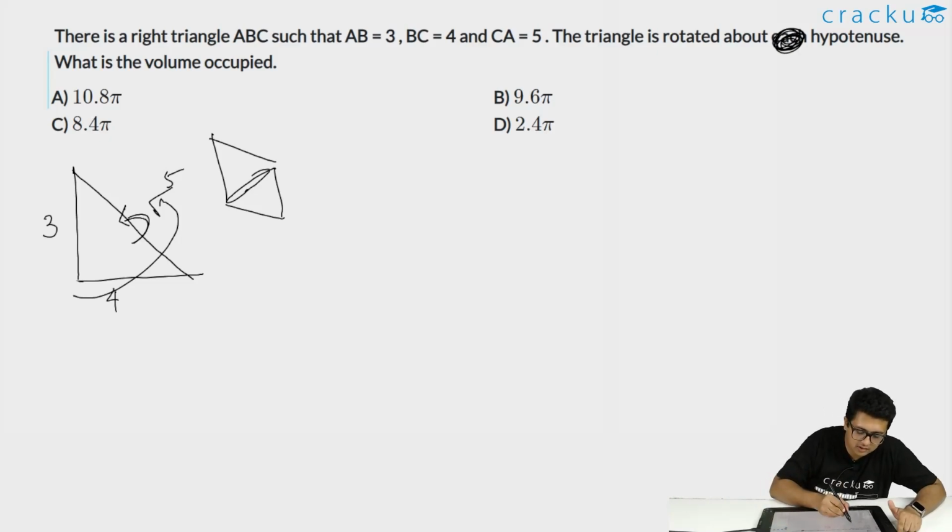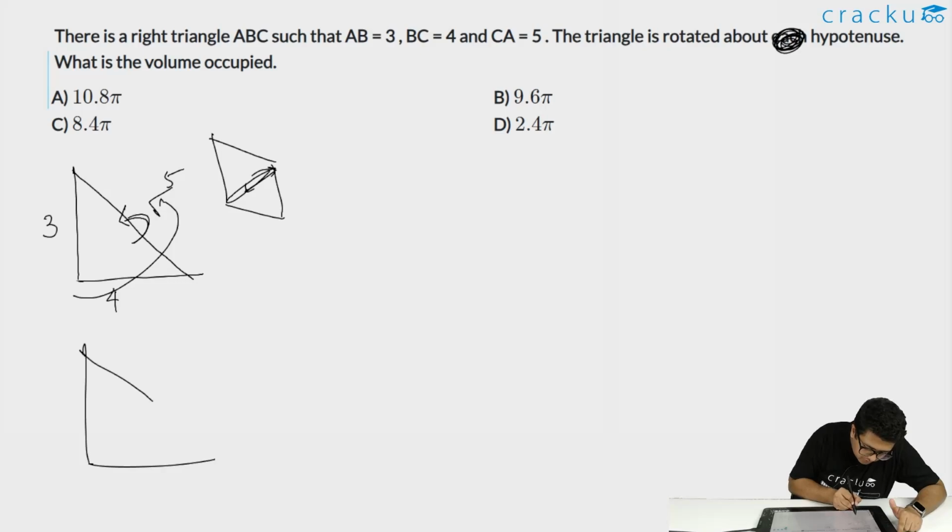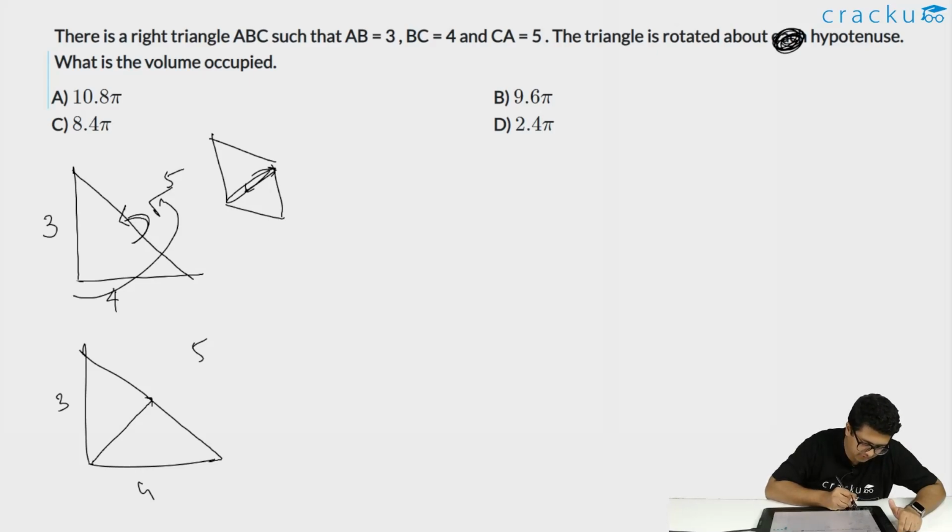So now let's find out the radius, because after that we can calculate the volume. This is a right angle triangle, right? This is 3, this is 4, and this is 5. The radius would be perpendicular to the hypotenuse here. Let this be h. This is the perpendicular distance from this point to the hypotenuse.